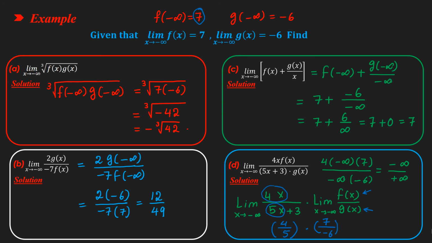Now by simplifying the multiplication of these two fractions, divide by 2 equals 2, divide by 2 equals negative 3, you will get minus 14 over 15. And this is the final answer.